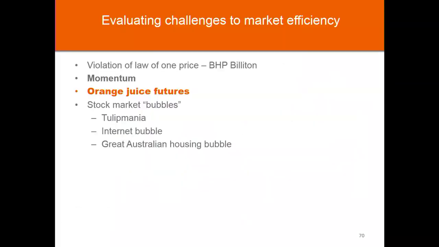Another one is on orange juice futures. I brought up this example to illustrate the importance of understanding your model, making sure that you've got the right model in mind, that you're understanding what's going on in the market before you conclude there's a market inefficiency.